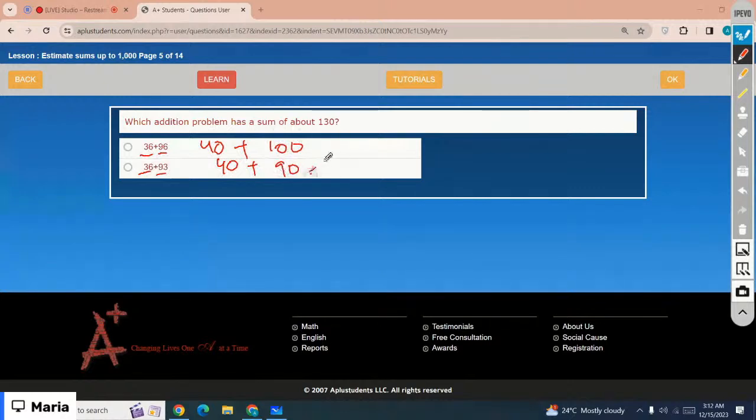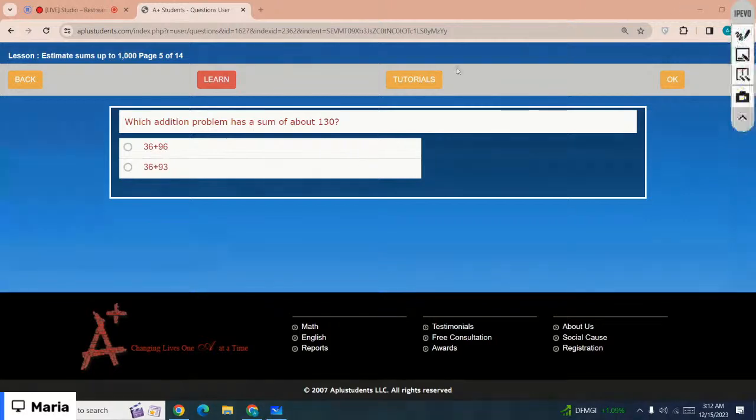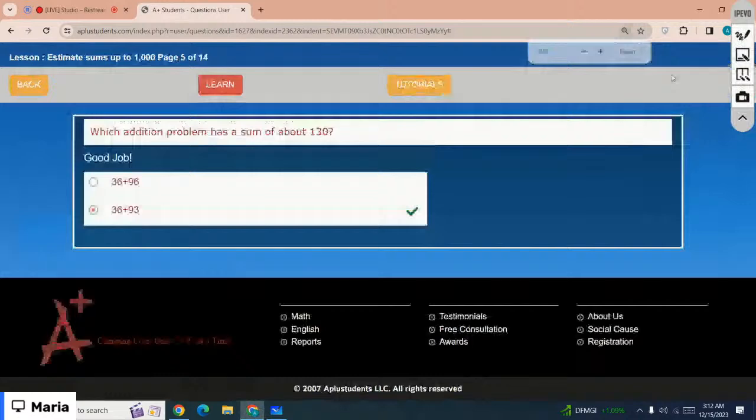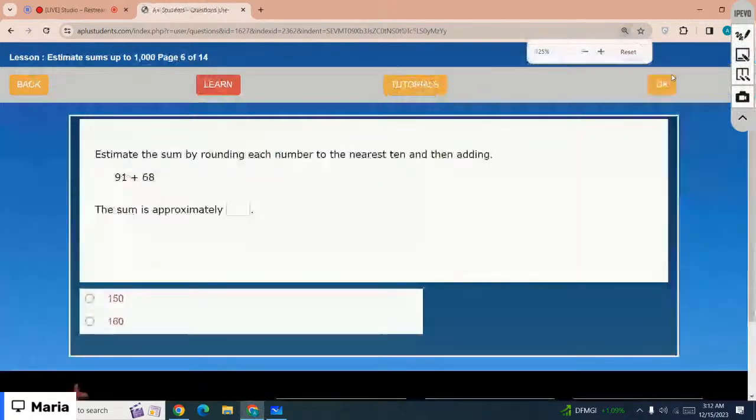So 90 plus 40 is 130. Option number 2 is the correct option. Got it? That is 40 plus 90 is the correct option, right? Option 2 is the correct option. It's okay, no problem. Just think and then answer, right?